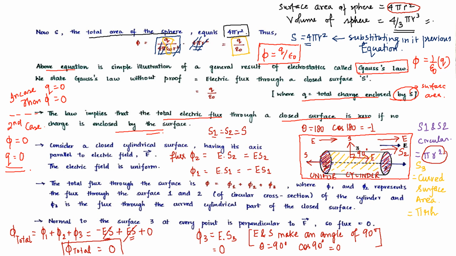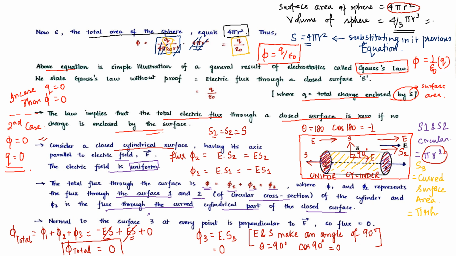Now I'll read out the points. Consider a closed cylindrical surface having its axis parallel to the electric field. The electric field is uniform. The total flux through the surface is xi, given as xi1 plus xi2 plus xi3, where xi1 and xi2 represent the flux through surfaces 1 and 2, the circular cross sections of the cylinder, and xi3 is the flux through the curved cylindrical part of the closed surface.